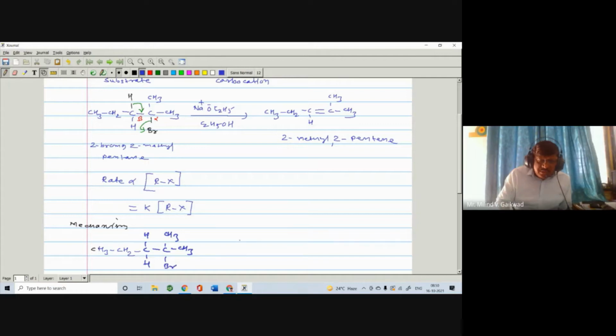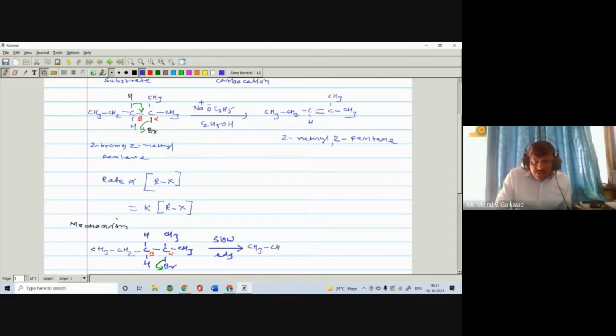This is the substrate. In the first step, the slow step, that is the RDS step, the bond between the C alpha and Br undergoes complete breaking, and there is a formation of the corresponding carbocation.